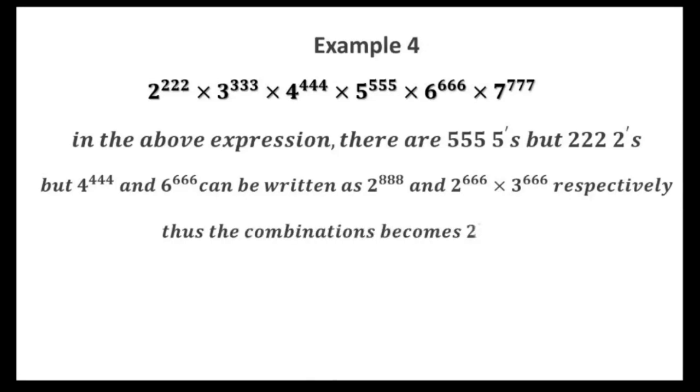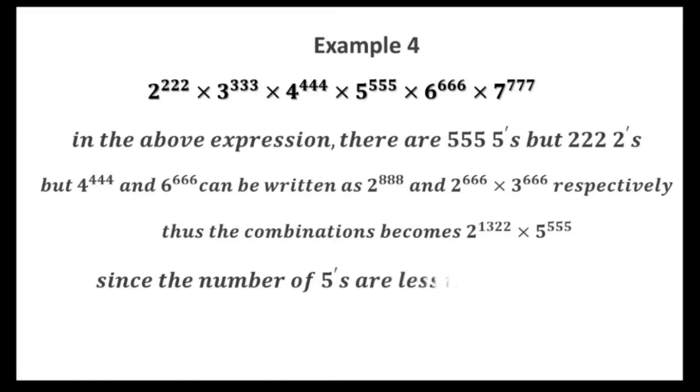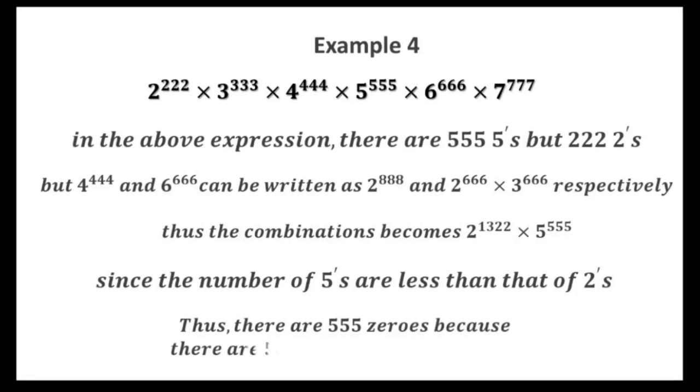So the combination becomes 2 to the power 1322 into 5 to the power 555. Since the number of 5s is less than that of 2s, there are 555 zeros because there are 555 combinations of 5 and 2.